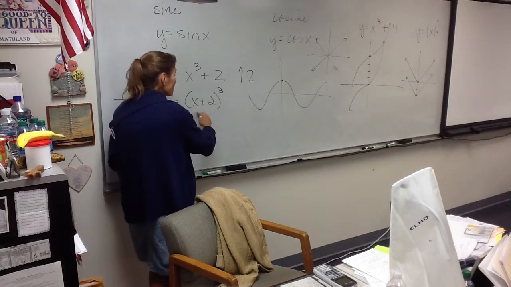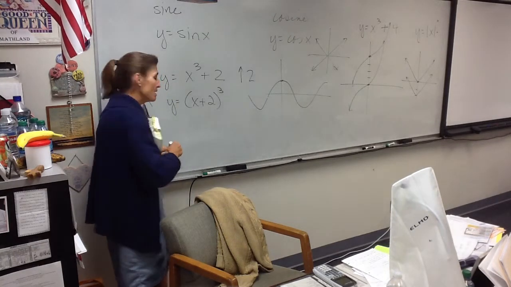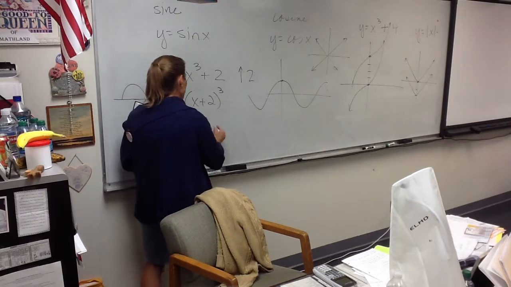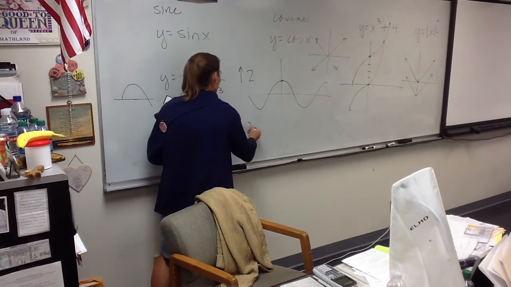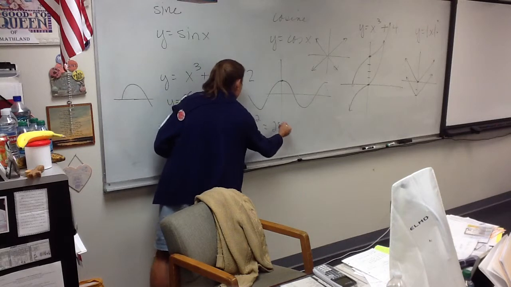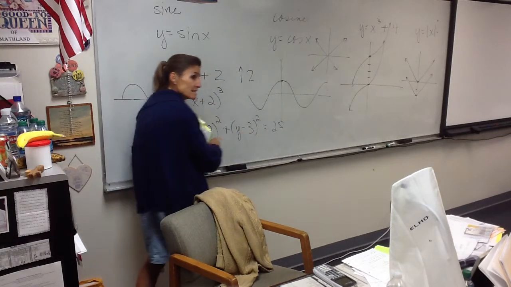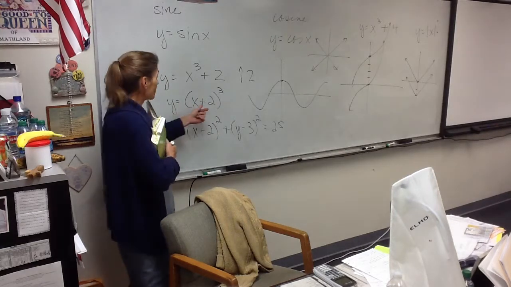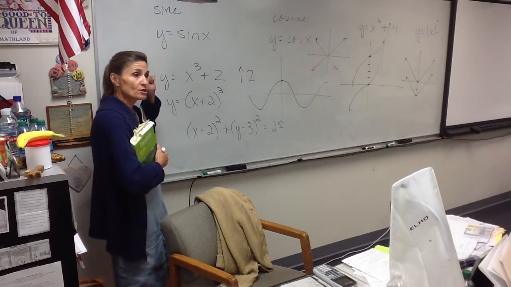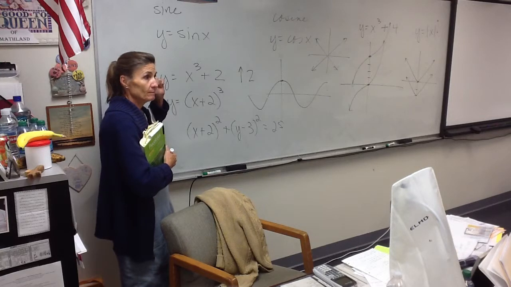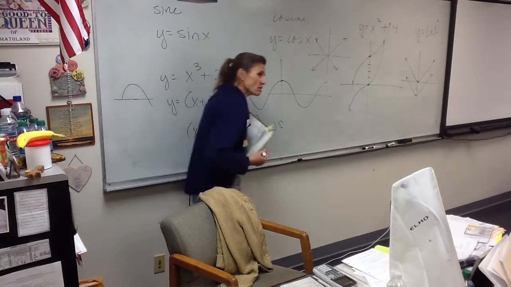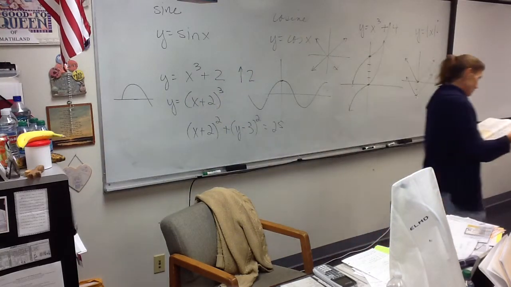Now you're kind of familiar with that notion because remember when we wrote equations of circles? Where would the center of this circle be? -2, 3. It's the same concept. You are moving this thing 2 units to the left. So these aren't as hard as we might think. Let's go ahead and finish them.